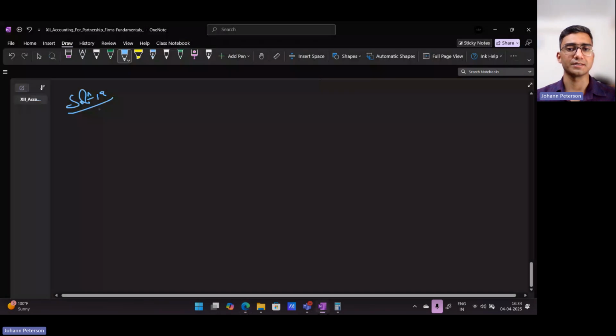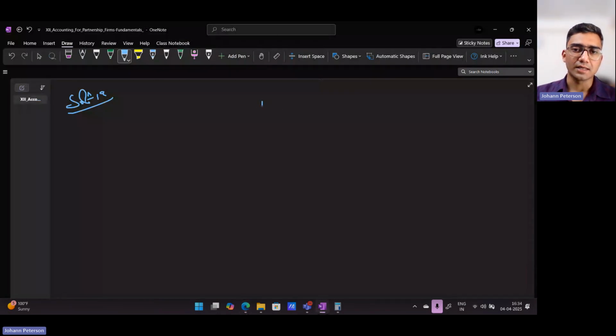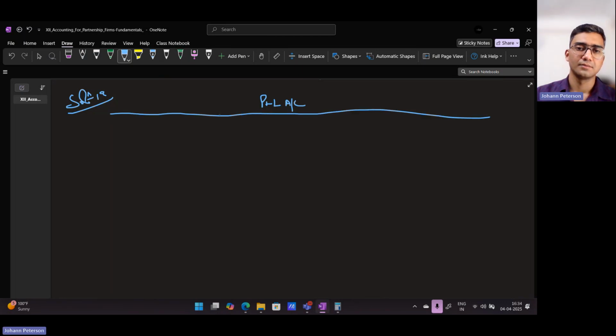Suppose this is question 19. So P&L account, particulars, rupees, particulars, and rupees.